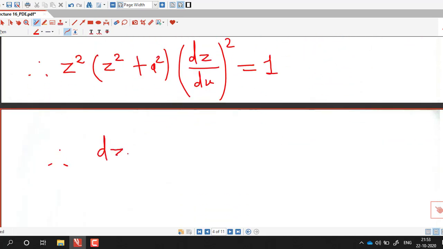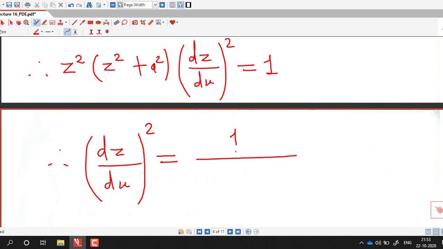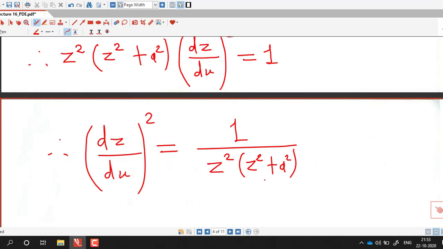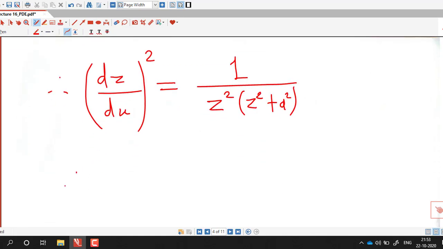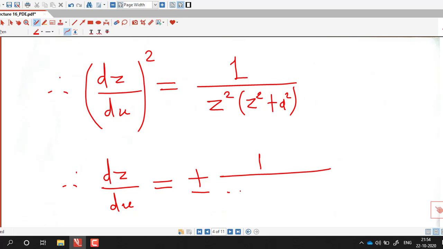So from this we obtain dz by du whole square equal to 1 divided by z square into z square plus a square. And if we take square root on both sides, we have dz by du equal to plus or minus 1 divided by z into under root of z square plus a square.